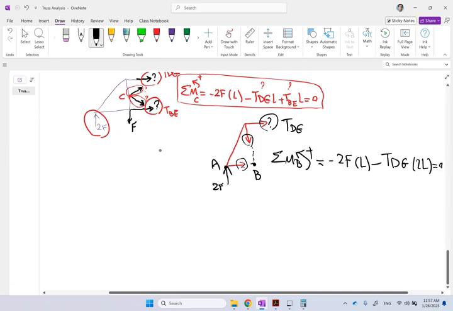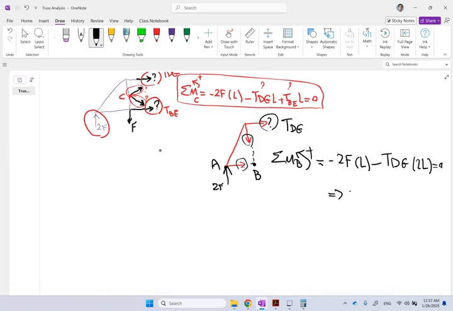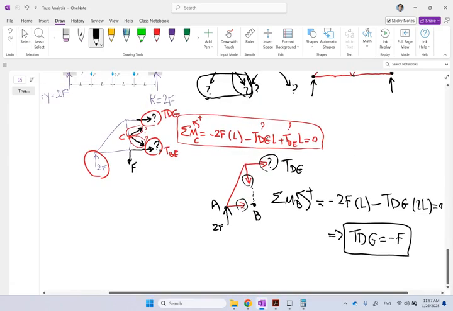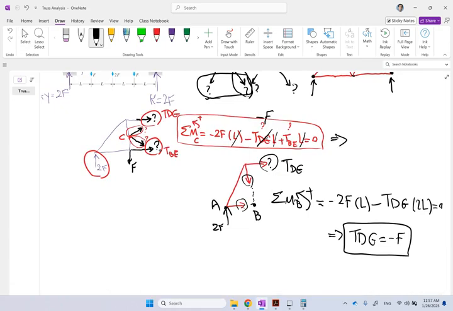This is 0, and clearly you can see that TDG is negative F. You see, one equation, one unknown. Perfect. I got that. Now I can plug it up here. And I can get rid of the L's.